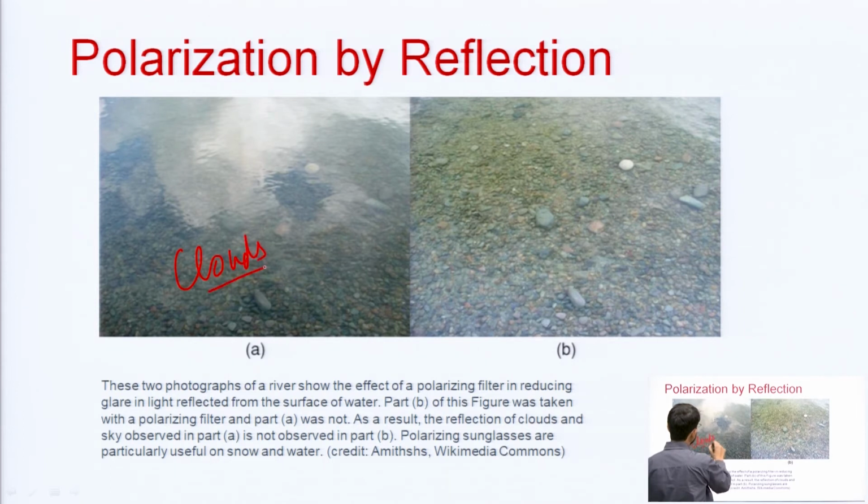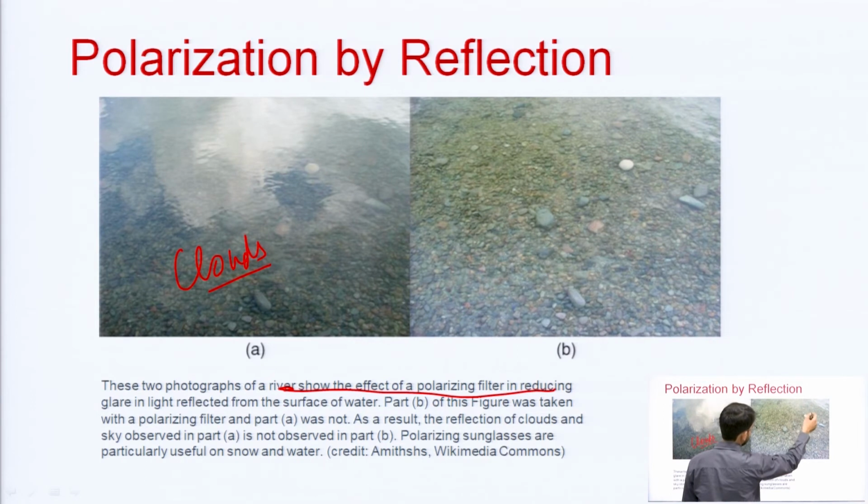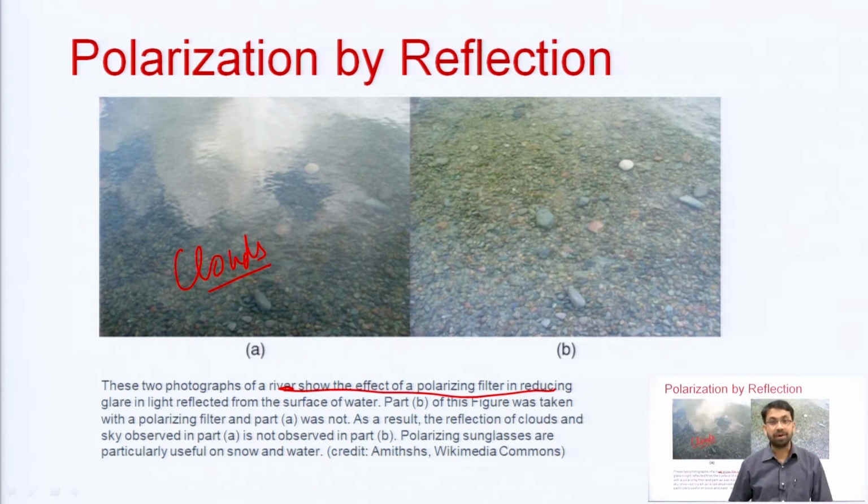Okay, so this is called glare, and due to this we cannot see the bottom of this lake. These two photographs of a river show the effect of a polarizing filter. Over here we have taken this image by using a Polaroid glass. So, Polaroid glass has reduced this glare. Why? How? We will discuss later.